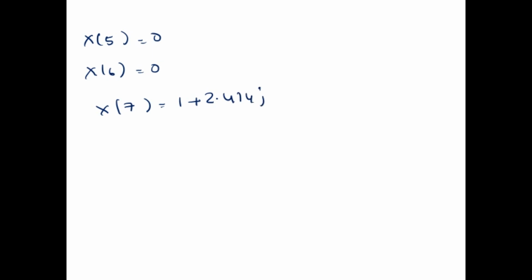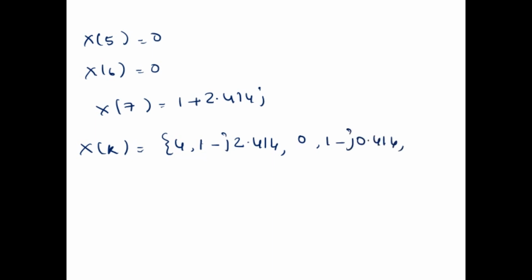So the final answer we can write: x of k is equal to 4, 1 minus j 2.414, 0, 1 minus j 0.414, 0, 0, 0, 1 plus 2.414j. This is the final answer.